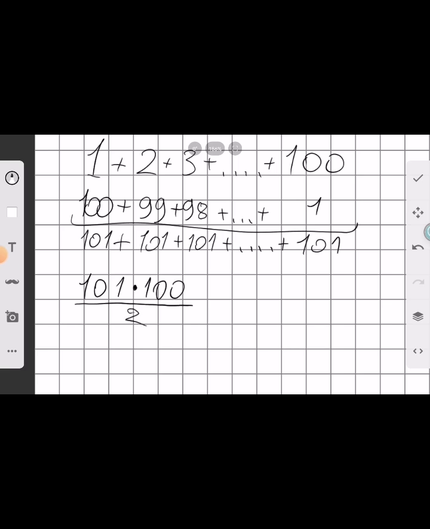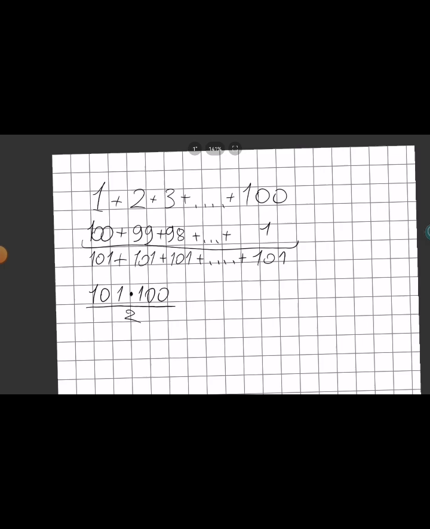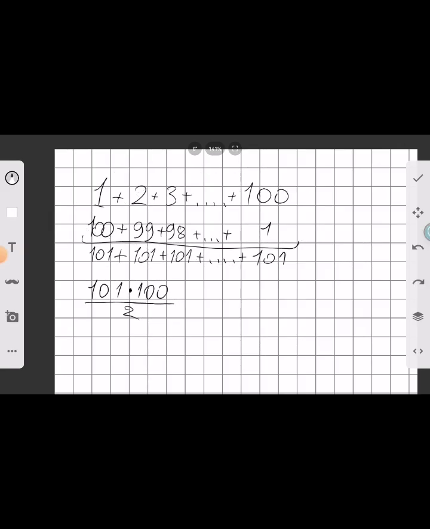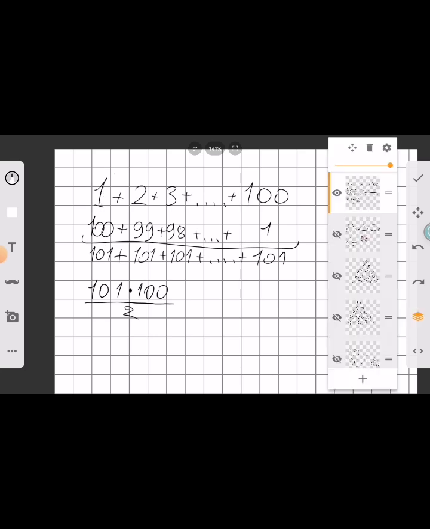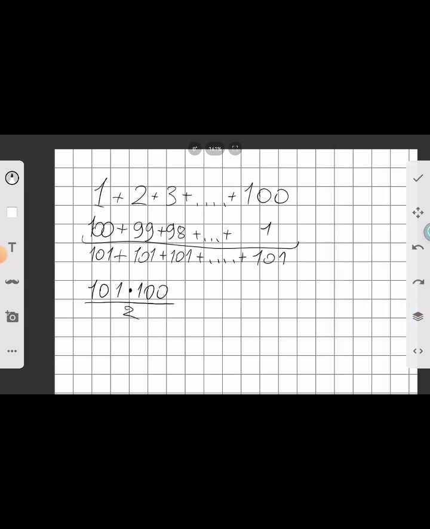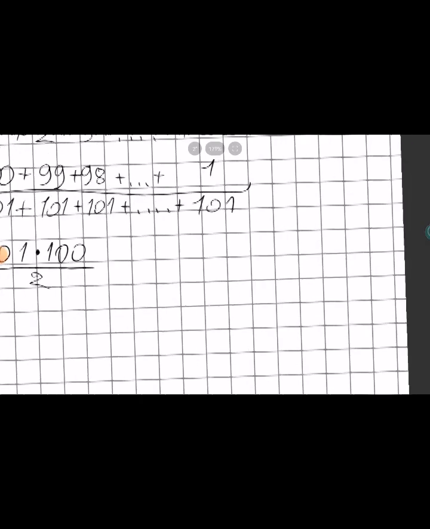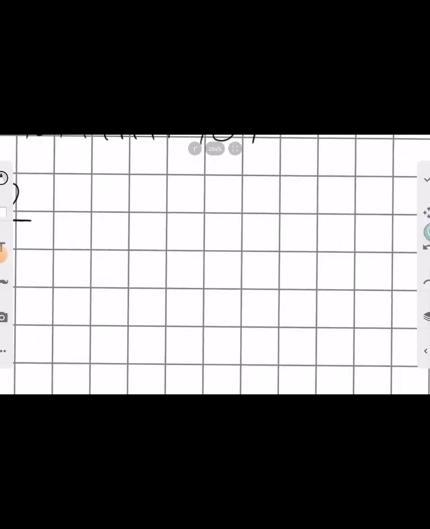But then he has to divide by 2 because he just added them 2 times. Every number 2 times. Every number has its copy. So, yeah, this is actually how to know how many entries there are in a triangle.